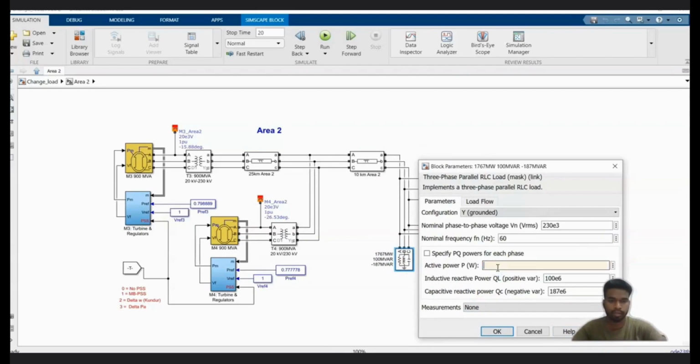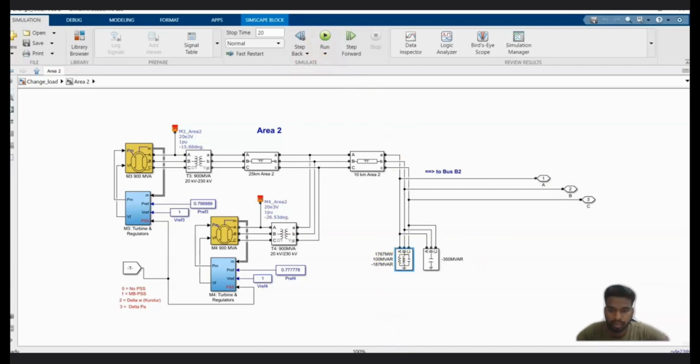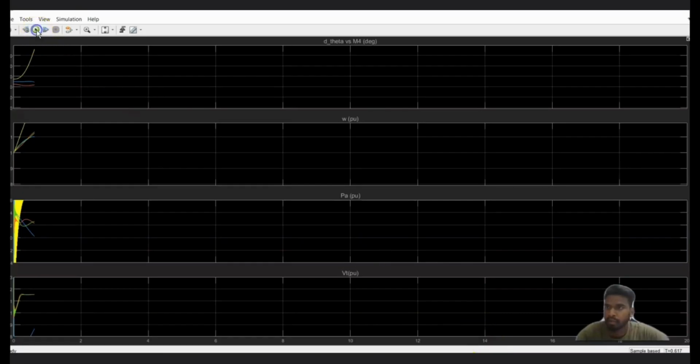I picked an increment of nearly 3000, nearly 100% increment. It takes some time to compile. So here's the graph.